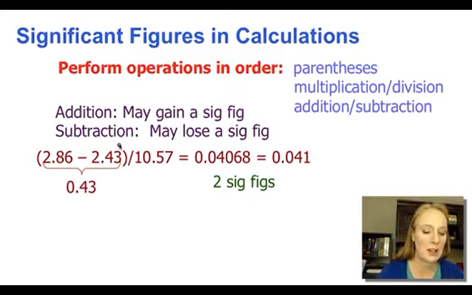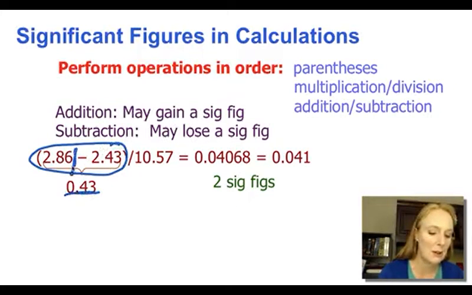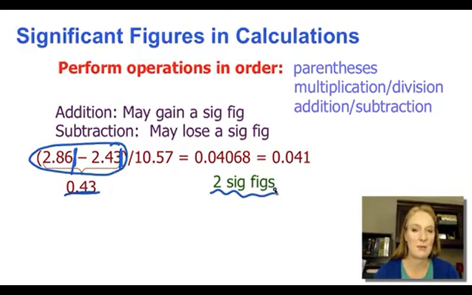The answer from the parentheses can only be to the 100th place because I'm using the decimal places when I do subtraction. That has 2 significant figures. I then take the number with 2 significant figures and divide it by 10.57 to give me an answer of 0.04068, which I'm going to round to 2 significant figures, 0.041.